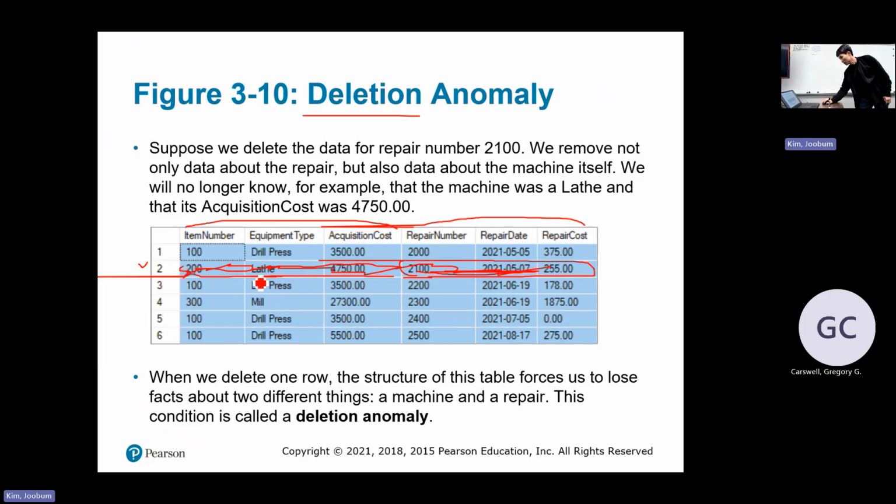But take a look at this. The equipment type, lathe, appears only once. If you delete this row, that equipment disappears. But for the others it's okay. Drill press 1, 2, 3, 4: if you delete one of them, the drill press data still exists. This is a deletion anomaly. If you delete the row, the entire data about lathe is also gone.